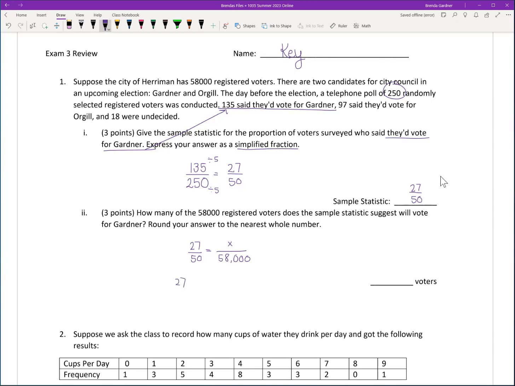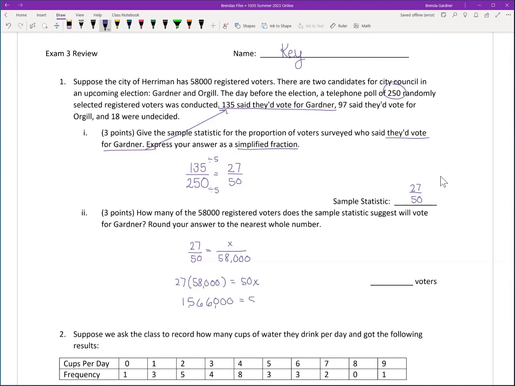I'm going to take 27 multiplied by 58,000. That's going to be equal to 50 times the x. So I'm taking my calculator, 27 times 58,000. That's 1,566,000.